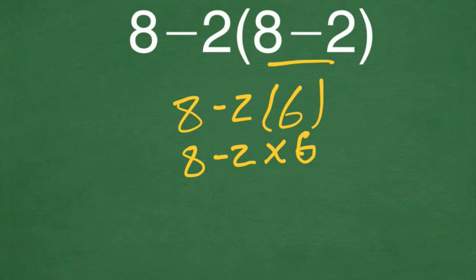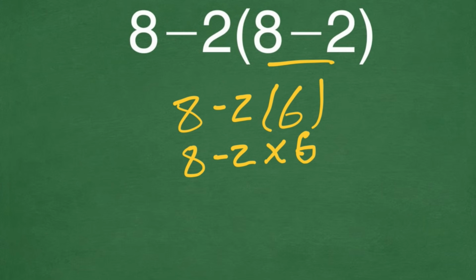They subtract 2 from 8, which violates the rule of the order of operations. Like I showed you, multiplication has a higher priority than subtraction, right? Meaning we have to solve all multiplication and division before we move to addition or subtraction. So in this case, the first thing we need to solve is 2 times 6.